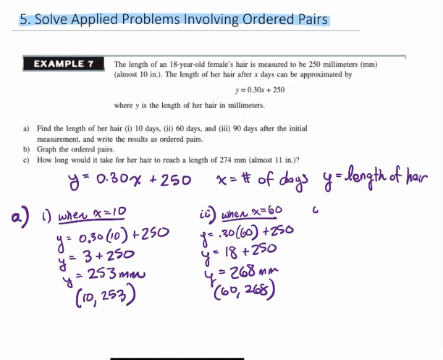And then part 3 asks for 90 days. So that's our new x value. We can say when x equals 90, let's plug that in. So we'll have y equals 0.30, this time times 90, plus 250.